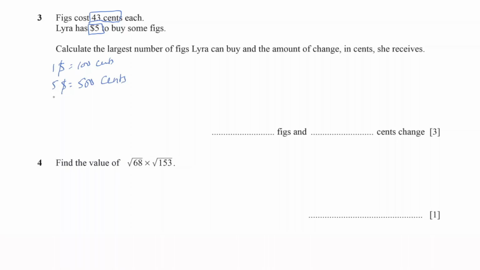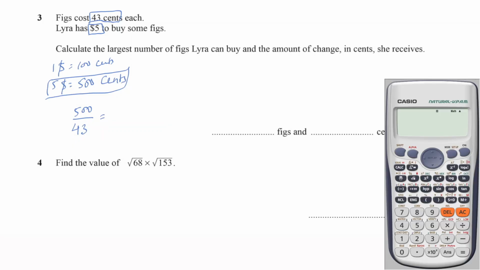So she has 500 cents in her hand and she has to purchase some figs, and each fig costs 43 cents, right? So if I divide this 500 cents by 43, that is each fig's cost, I'll get some answer. Let's use a calculator. So we have 500 divided by 43, and if you press shift and S-D, you will get 11 27 by 43.